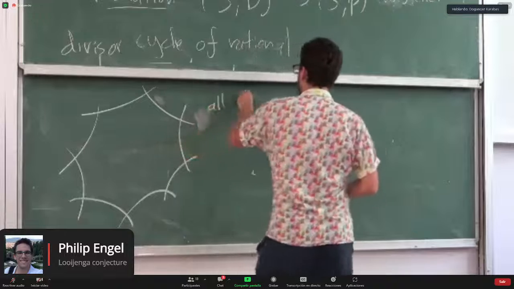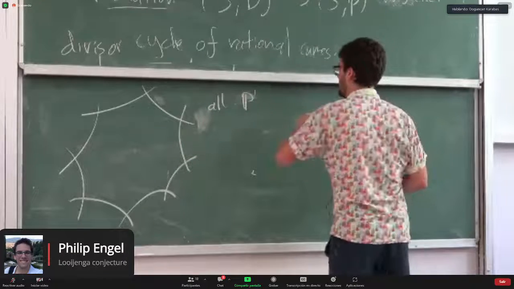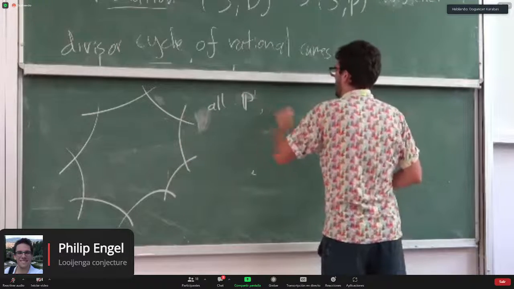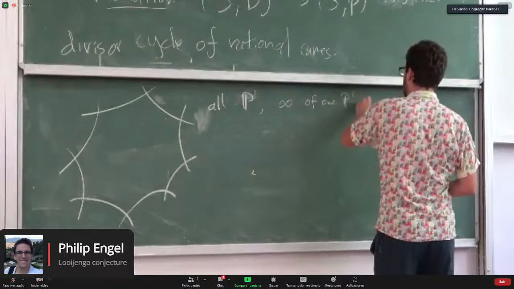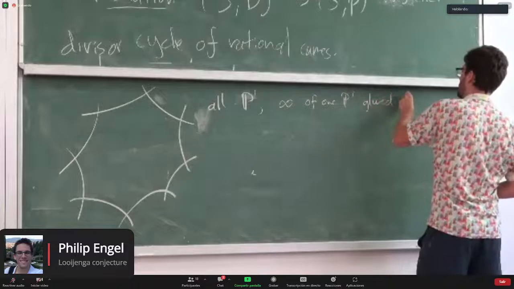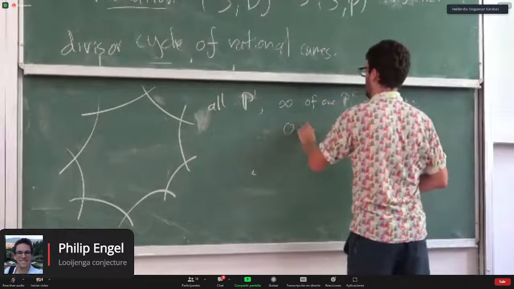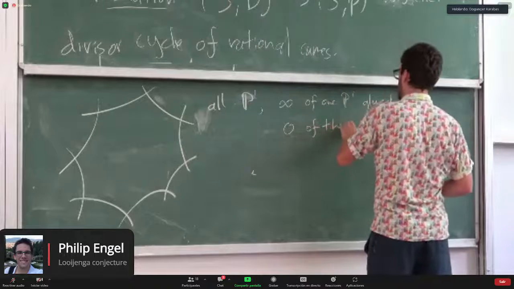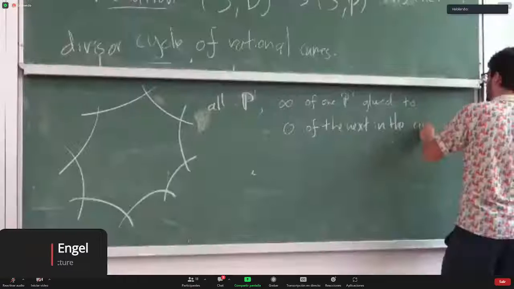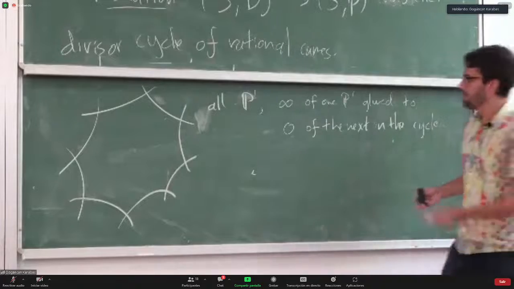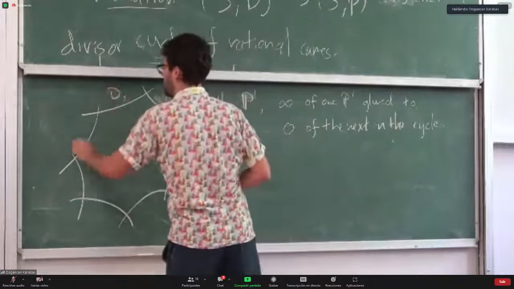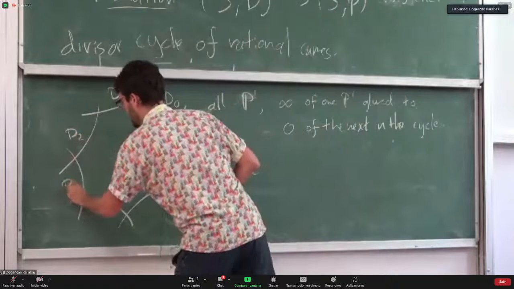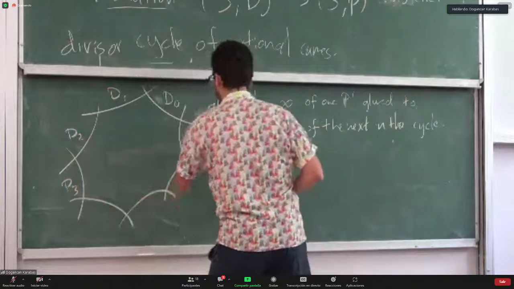These are all P1, and infinity of one P1 is glued to 0 of the next in the cycle. And I'm going to label these D0, D1, D2, D3, 4, 5, 6, 7.